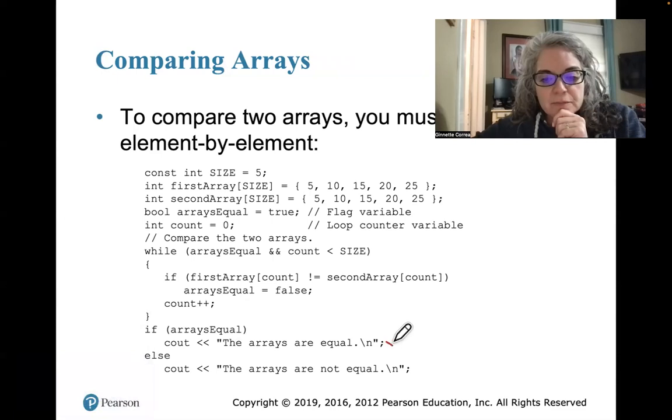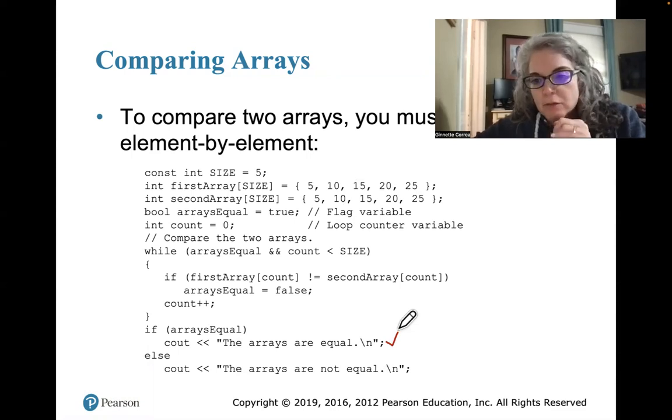If any of these numbers do not match, then it prints the arrays are not equal. So right now the arrays are equal, all the numbers match, so it would print this first line.